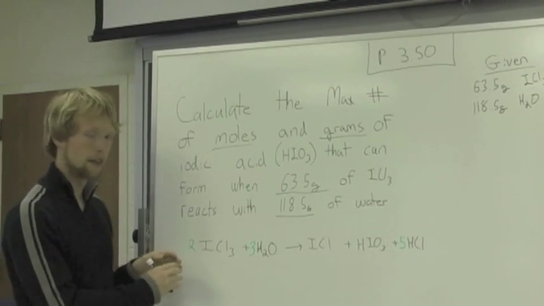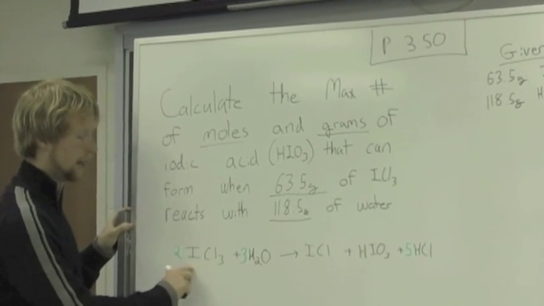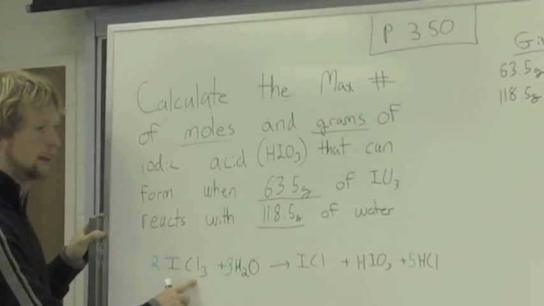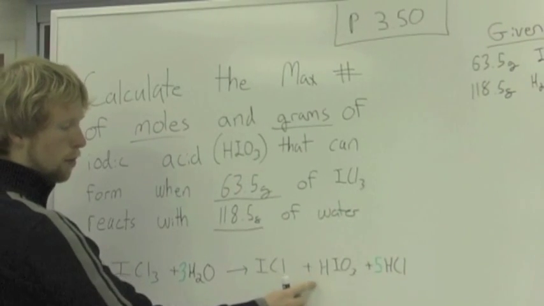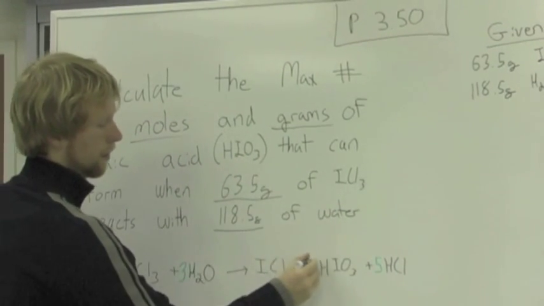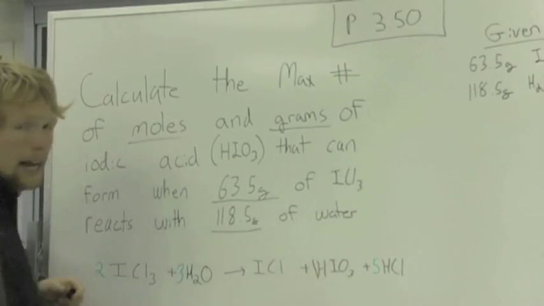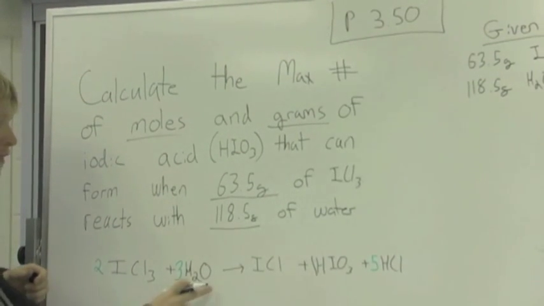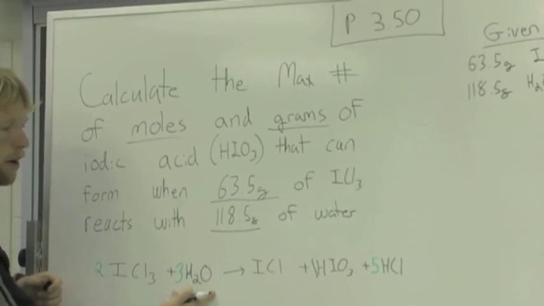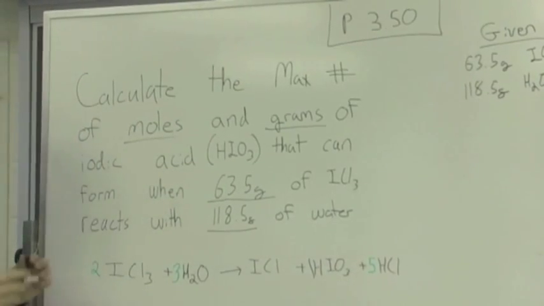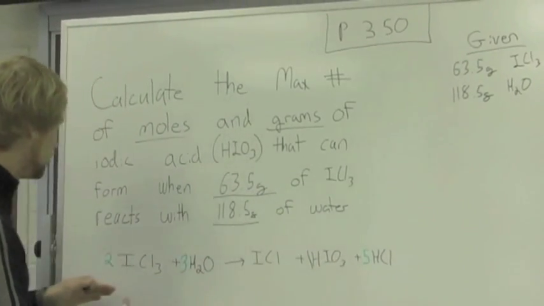As you can see, for every 2 moles of iodide trichloride you can make 1 mole, see there's a 1 here, of iodic acid. Okay? And for every 3 moles of water, you can make 1 mole of iodic acid. So, we now know these molar coefficients.